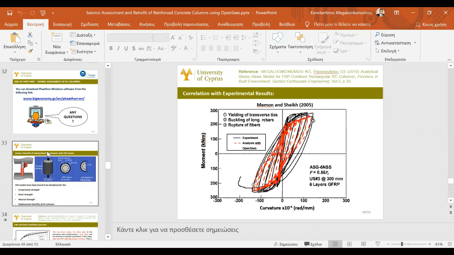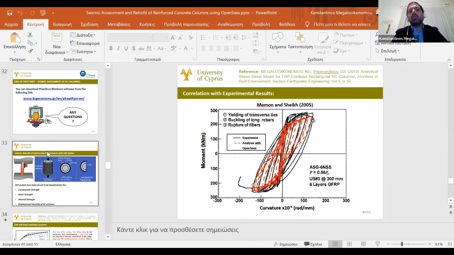Okay, so which means that that model is not going to be useful, for example, when we want to capture the shear contribution and slide in a certain component in a building or in a structure, right? For now, exactly.